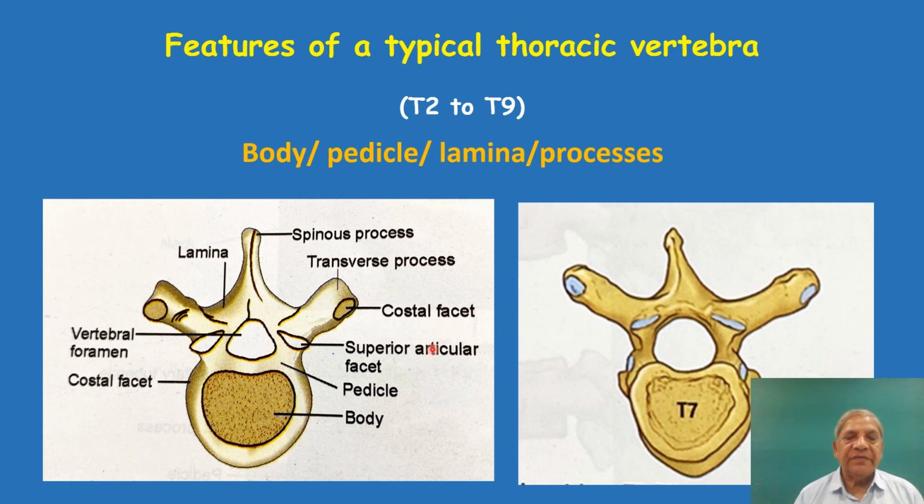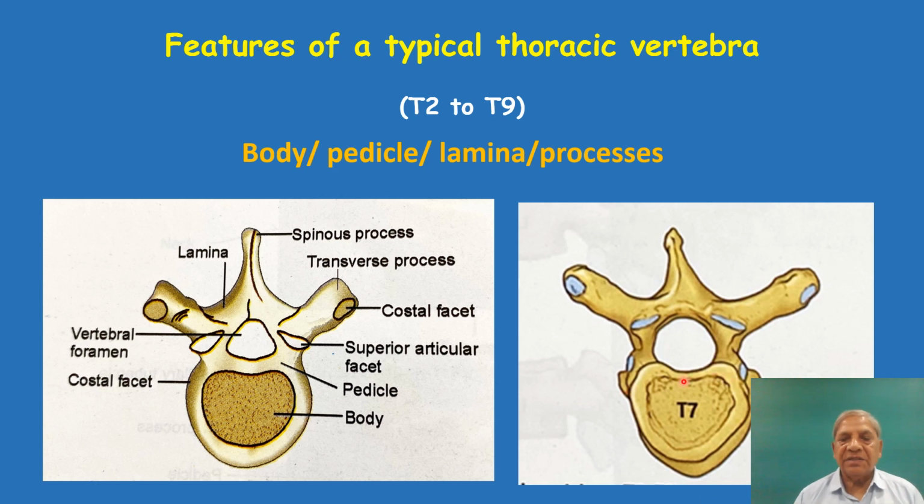Now the examiner will ask why you have said that this vertebra is a typical thoracic vertebra. You give various reasons for saying so. We begin with the body. When you see the body from the superior or inferior surface, as you are seeing in this diagram, the body has a heart shape, pointed anteriorly and broad posteriorly.